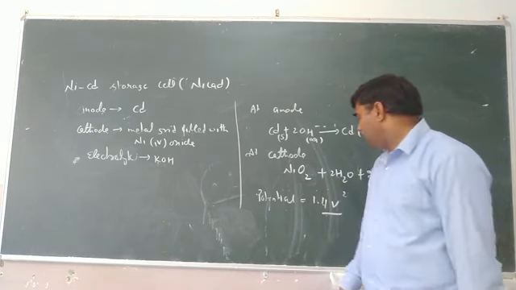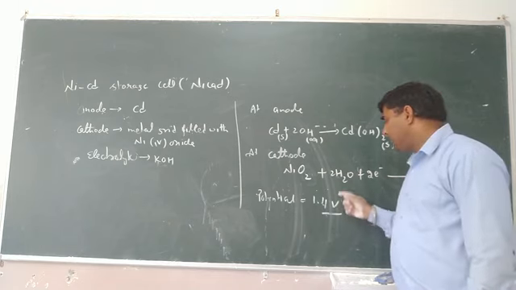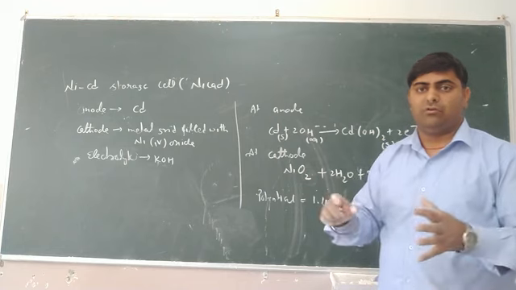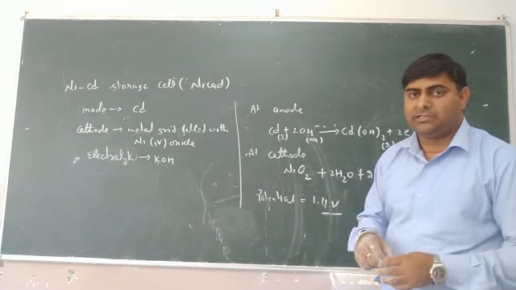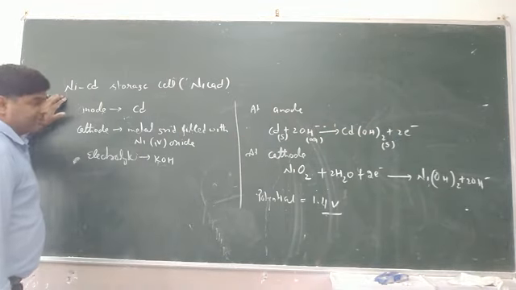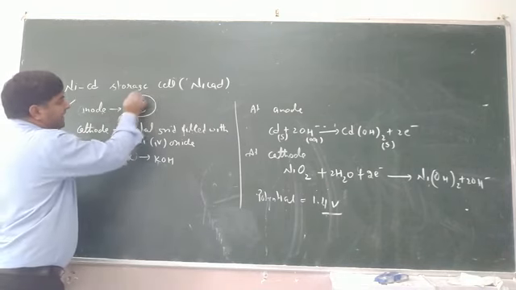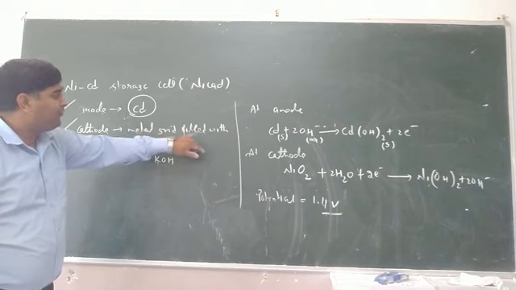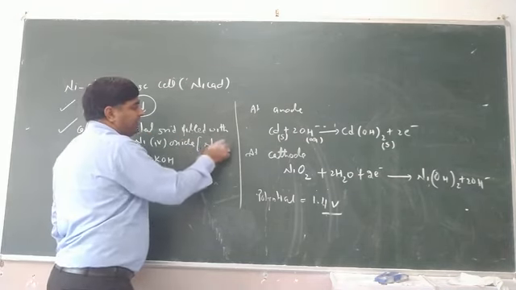It has a voltage of around 1.4 volt, and this cell is quite expensive, but its life is long. It lasts for a longer period of time as compared to other cells. So, nickel cadmium storage cell contains an anode made up of cadmium, and a cathode of metal grid filled with nickel oxide, that is NiO2.